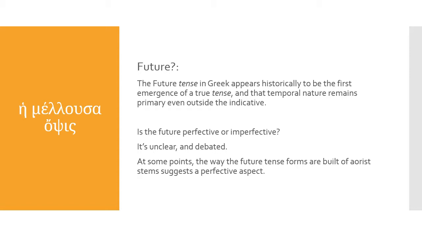That the aorist forms and the future forms are related, that the way their stems relate and the way their forms relate shows that the future and the aorist stand in the same perfective aspect category. Nonetheless, the future retains a temporal implication even outside the indicative system.